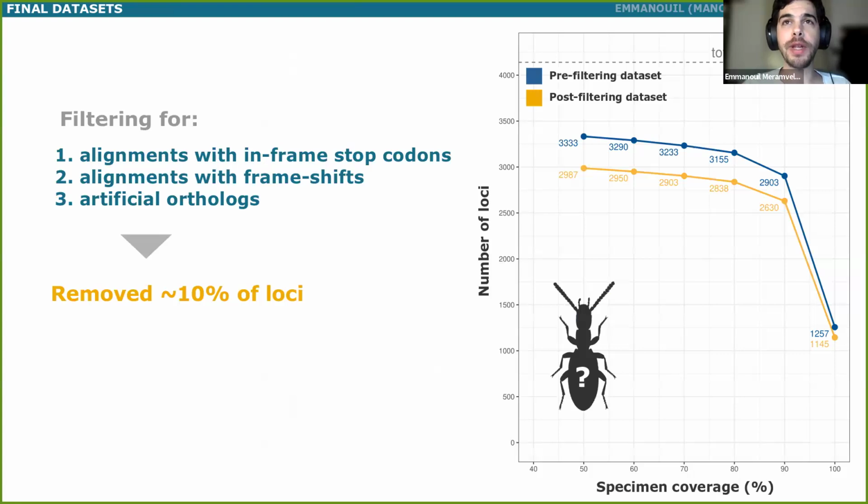And after implementing all these filters, you remove more or less 10% of the previous amount of loci. So still for a 90% threshold coverage, you get a little more than 2,600 loci. And for 100% specimen coverage, you get even more than 1,000 loci ready for downstream analysis.